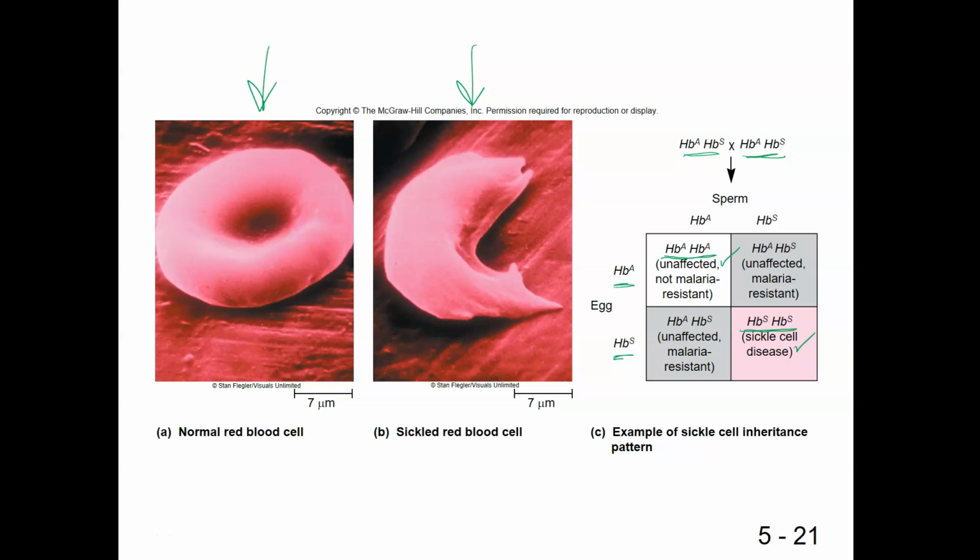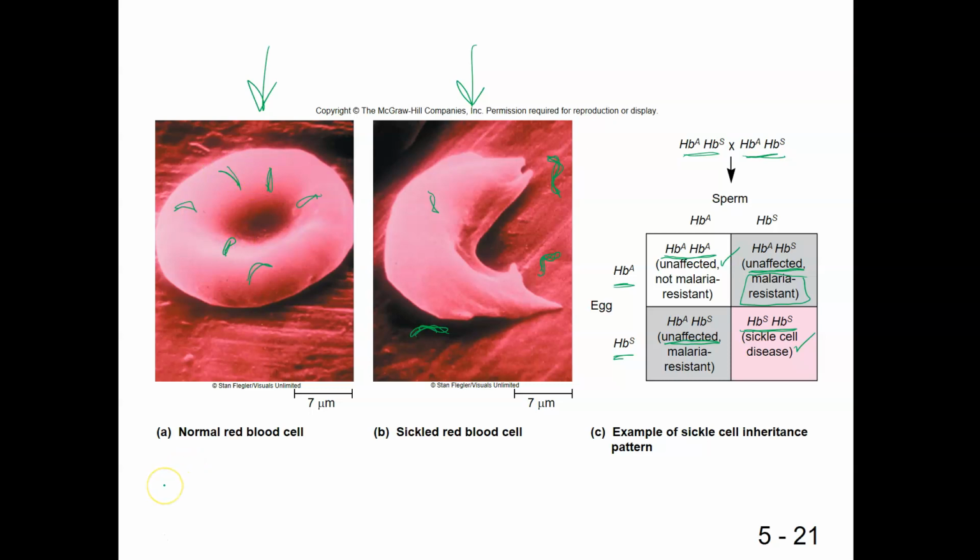Now, we're going to go to this malaria resistance here in a minute. In this situation, the heterozygous offspring are unaffected in terms of hemoglobin, so they can carry adequate amounts of oxygen, but they are also what we call malaria resistant. As it turns out, there's a little critter called a Plasmodium that looks like a worm, sort of, and the Plasmodium infects red blood cells, and they're able to easily infect red blood cells in malaria.